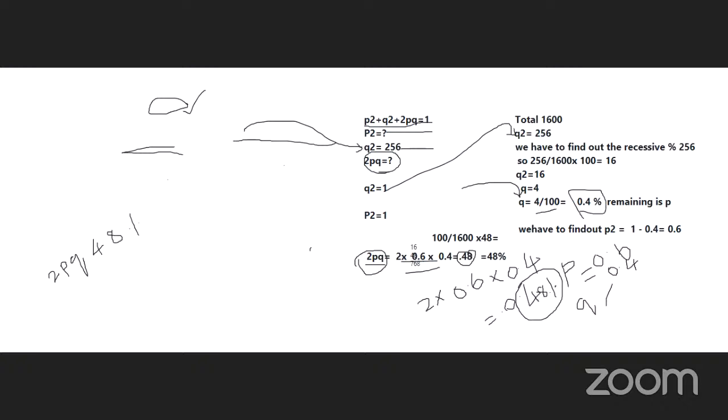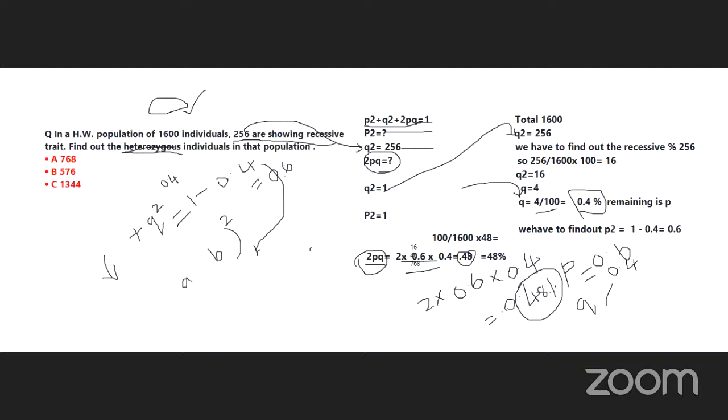There are 4 options given there. Here, the question, so then only you can easily identify. See, the options are 768 and 576, 133.